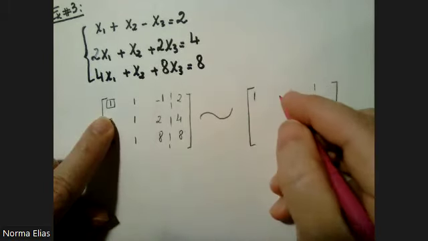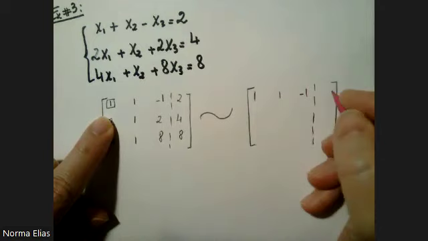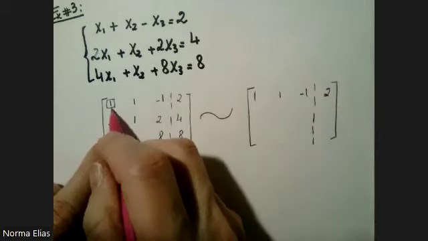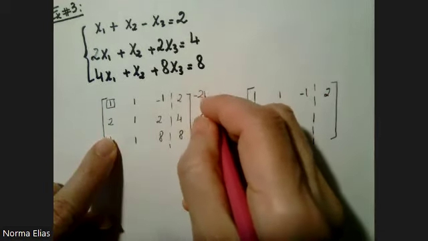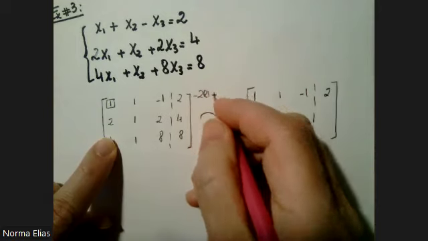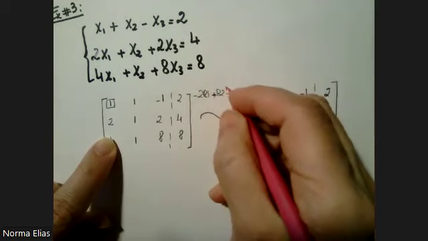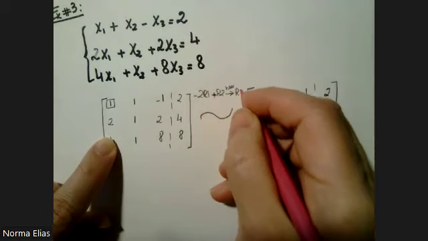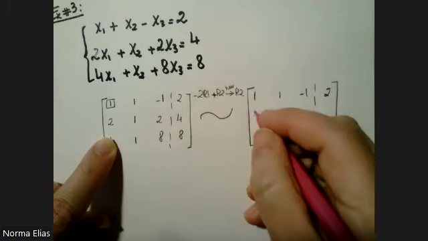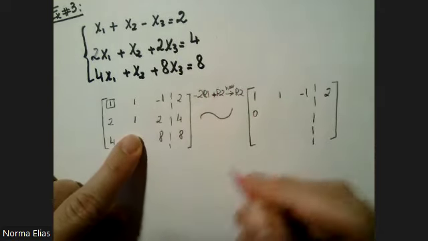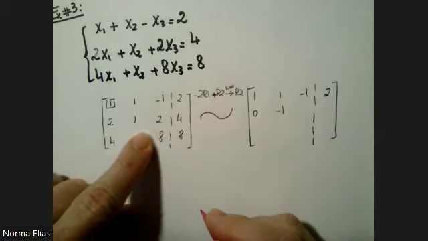Very carefully. I'm going to multiply the first row by minus 2, add it to the second, and I will make this my new row 2. So minus 2 plus 2, 0. Minus 2 plus 1, minus 1.